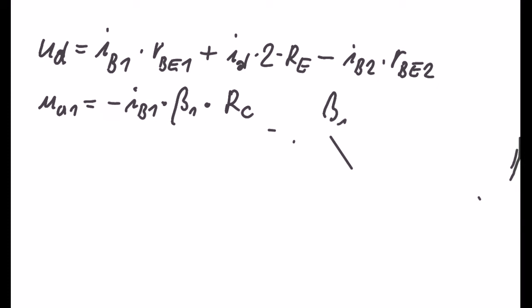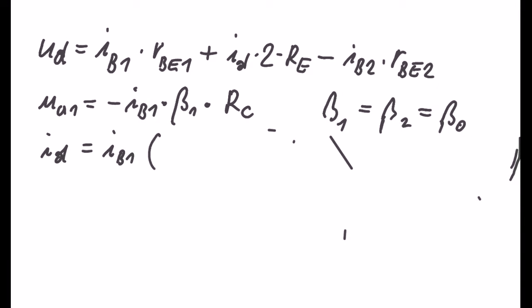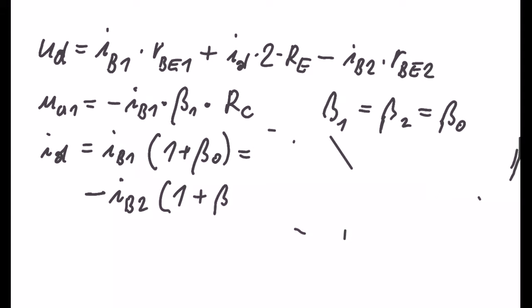Let's say beta 1 is equal beta 2 is equal beta 0, and ID equals IB1 times 1 plus beta 0 equals minus IB2 times 1 plus beta 0.